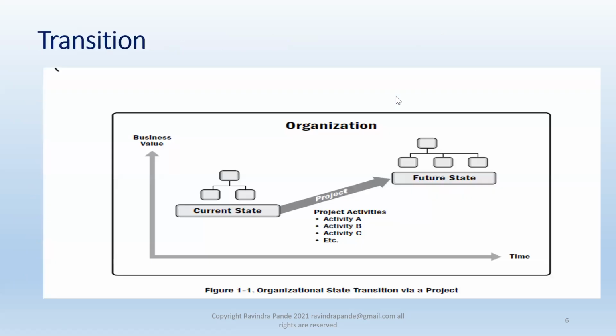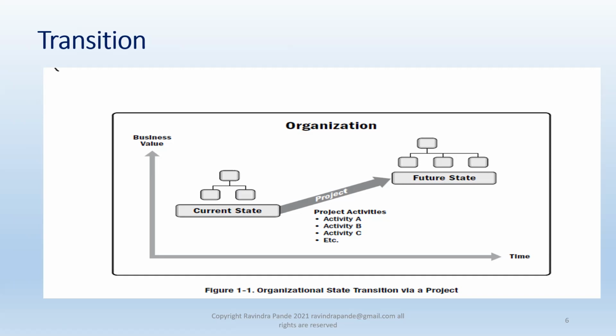Let me move forward. Now, transition. Transition means you are elevating a state. Normally, the objectives can be many, but the major objective is that you are uplifting your business value through time to achieve the results. Let's say you are creating a project of a marketing nature where you want to increase your organization's brand value in a given region.